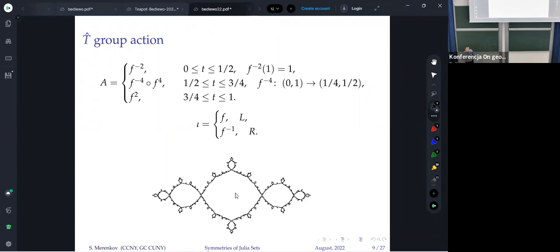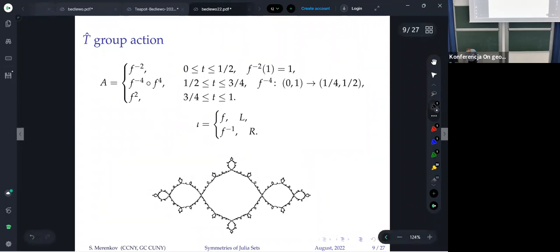Z squared on the boundary circle is angle doubling, right? So the slopes of any f to the 2n, where n is an integer, will be integer powers of 2, just as required by Thomson's group.